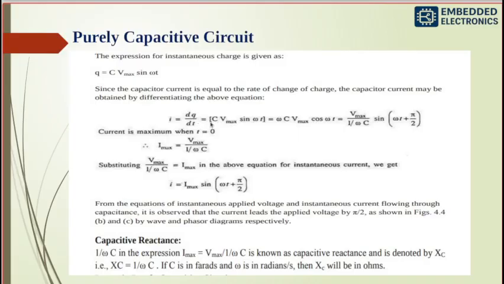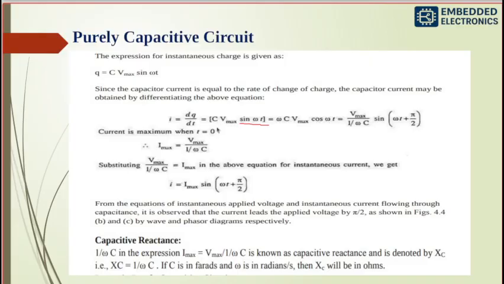So take the constant term and write it first, C V max, then sin omega t. Apply the derivative with respect to time. The derivative of sin omega t is cos omega t into omega.